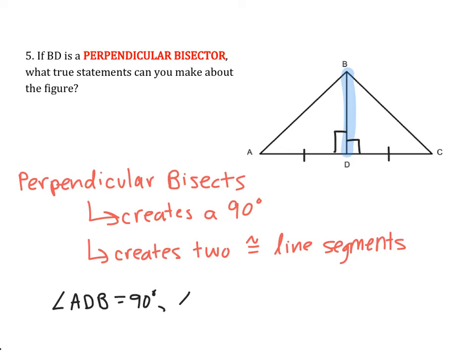We can say that angle CDB equals 90 degrees. And the last true statement we can make is that line segment AD is congruent to line segment DC. So remember, a perpendicular bisector does not bisect your angle, it bisects the opposite side.